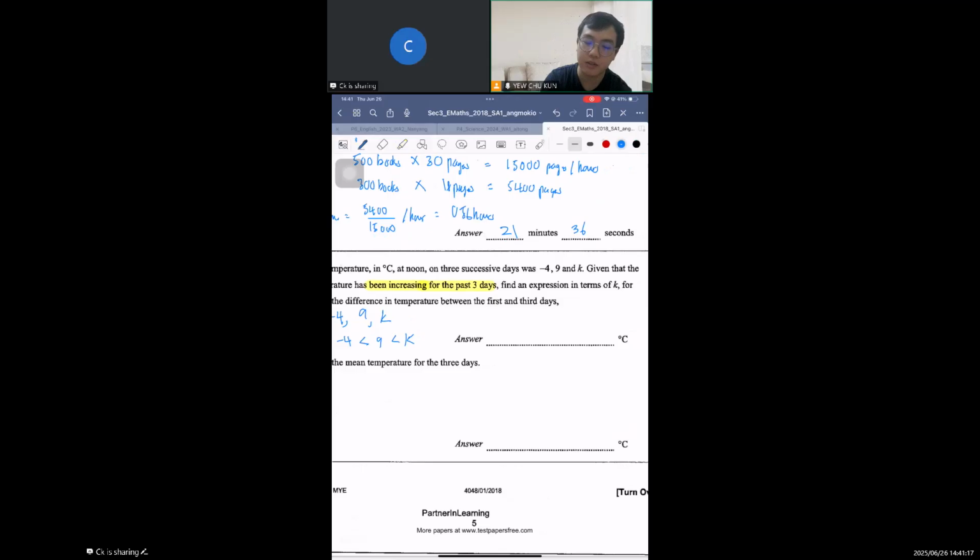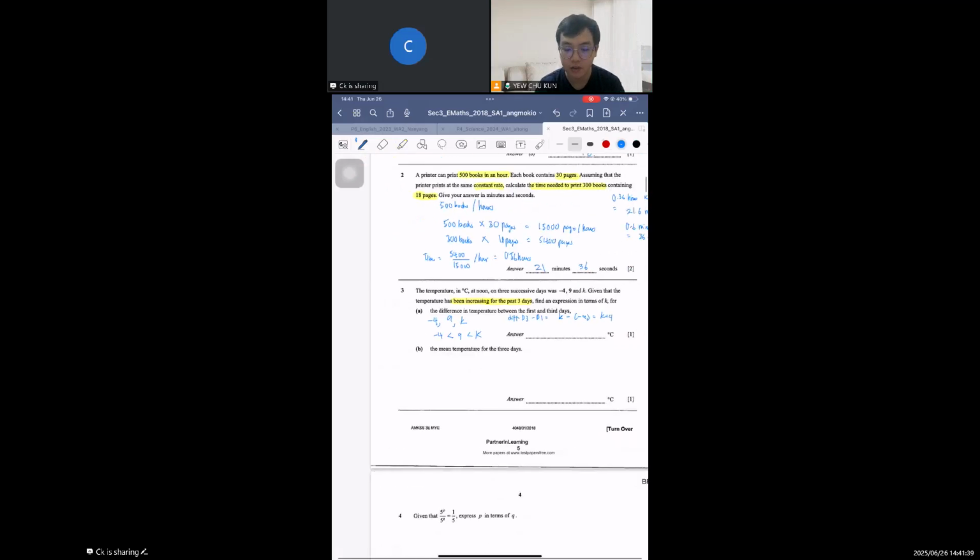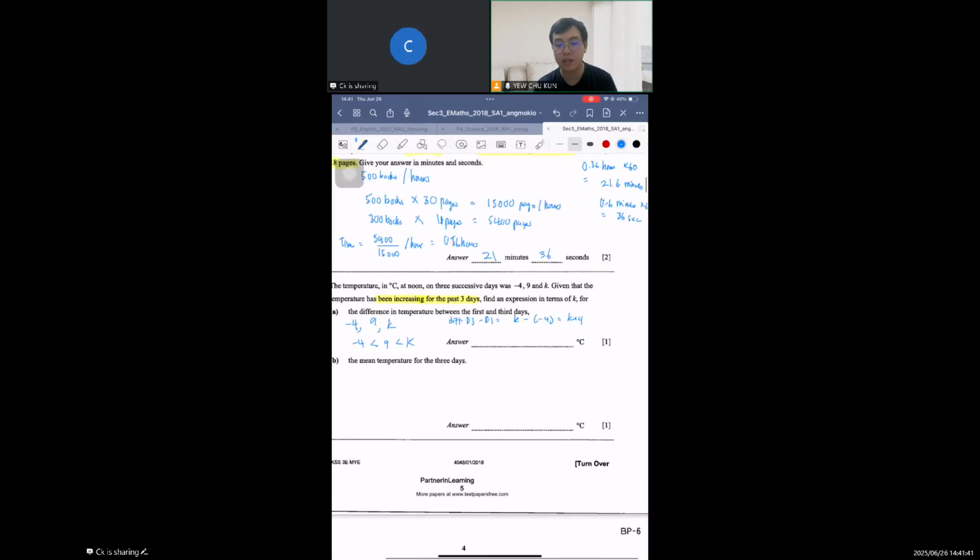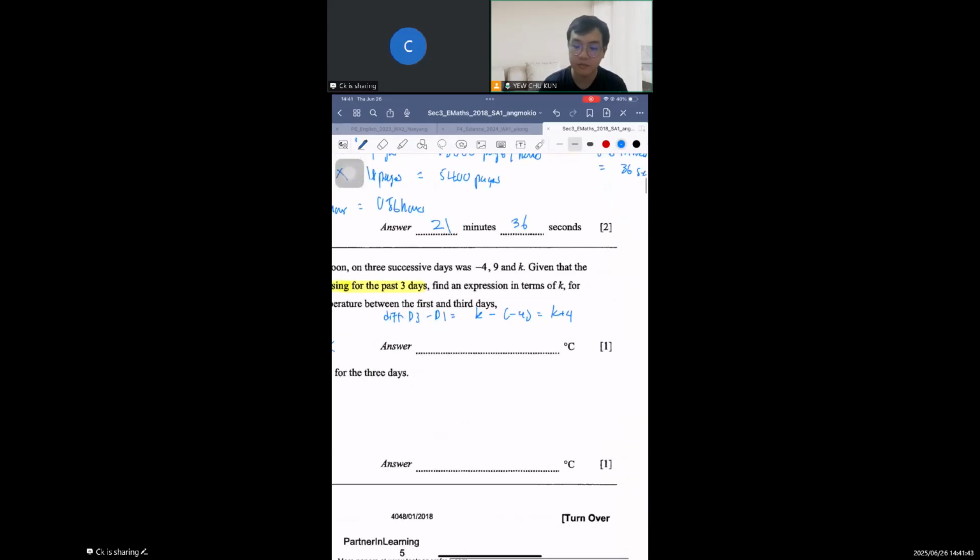So the difference, day 3 minus day 1, equals k minus negative 4, so equal to k plus 4.